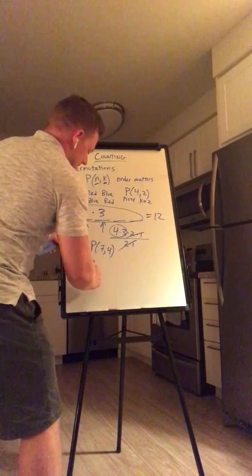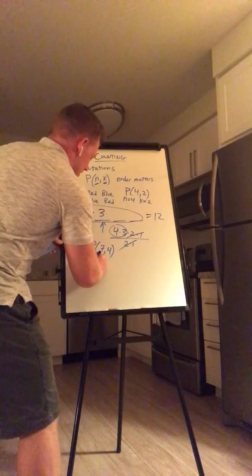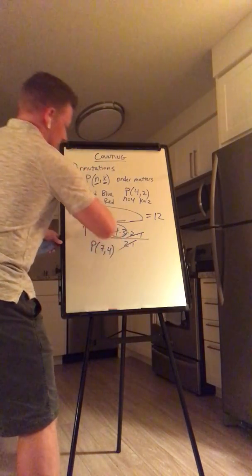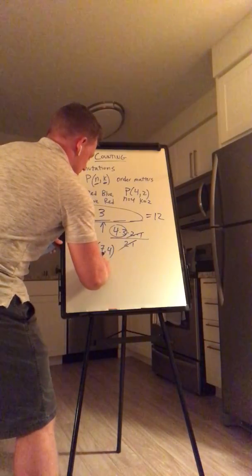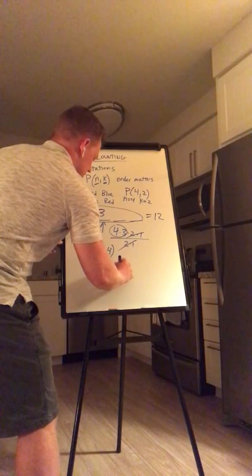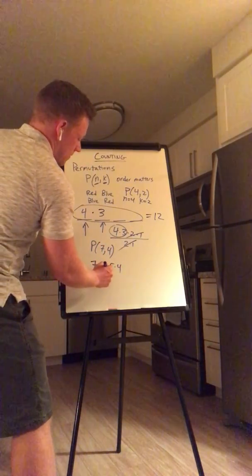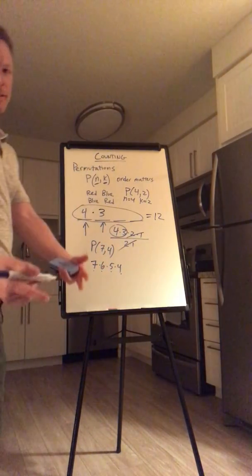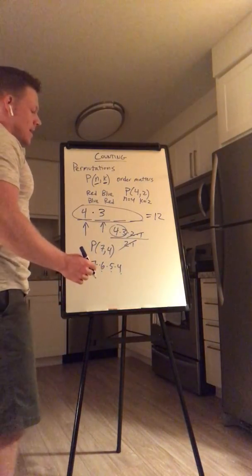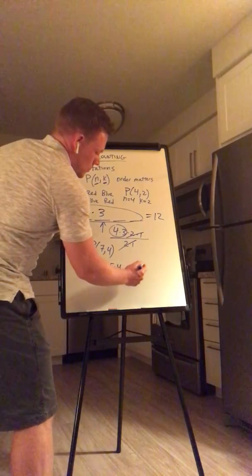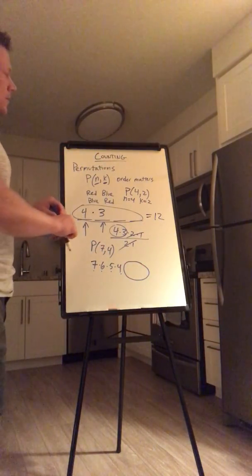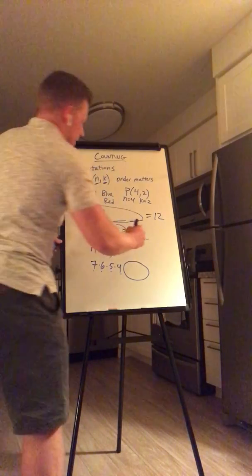In that case, we would have seven different lines, kind of like this, and we would do 7 times 6 times 5 times 4, because we have 4 different magnets that we're choosing from a box of 7. I just keep using an example of magnets. But all we've done here is we've divided out the rest of that factorial.